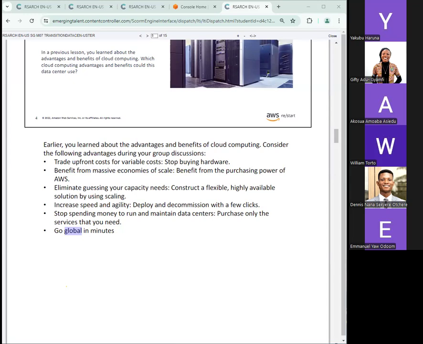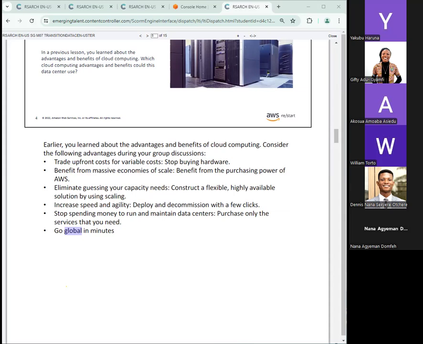Yes, okay, so what I want to add is I think that not every business will benefit from the cloud, and that's why we did what was called the total cost of ownership. So as a cloud consultant, maybe you are being consulted on how you should move to the cloud, or whether you can move to the cloud.